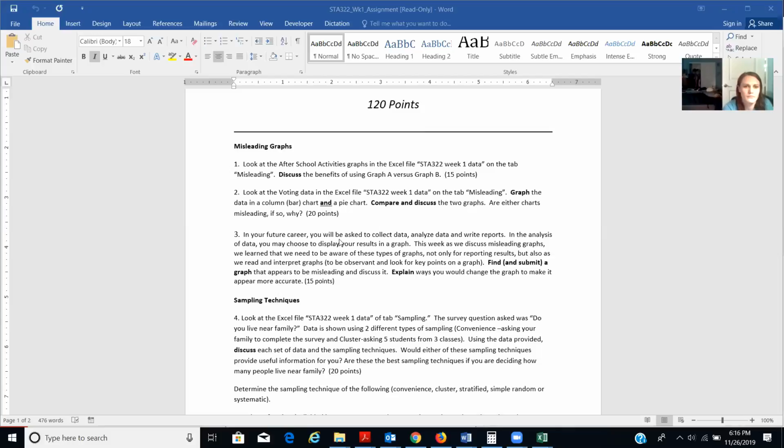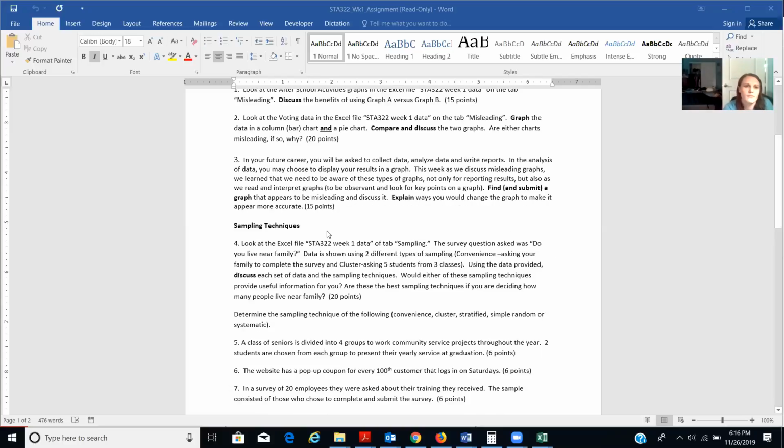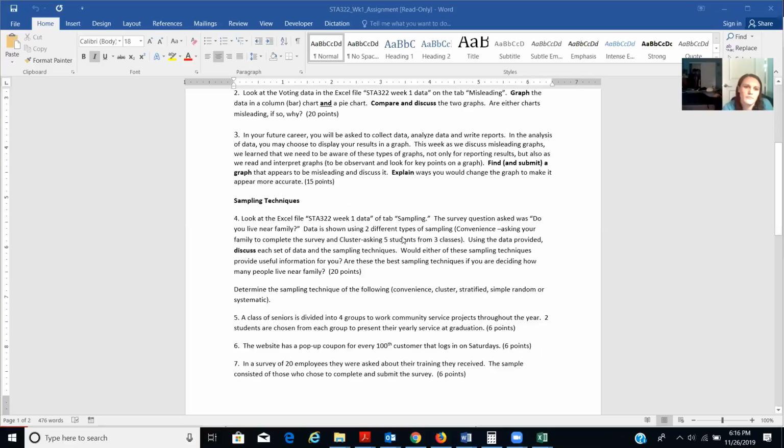And then there's some discussion. You're going to be asked to look for a misleading graph and discuss it. Then we'll talk about sampling techniques. I'll go into that in a little more detail in a little bit here tonight. But we'll look at the various types of sampling methods for doing surveys.